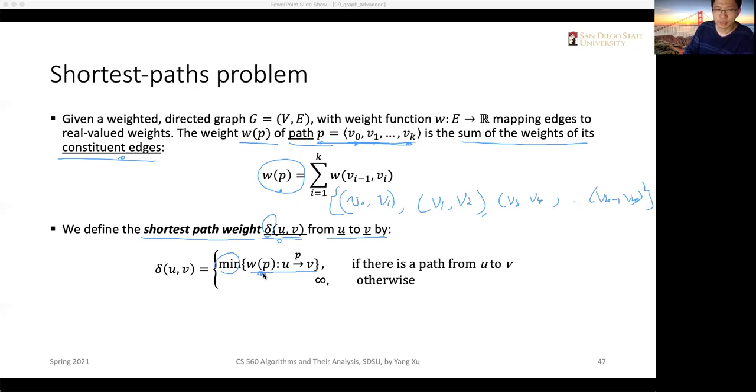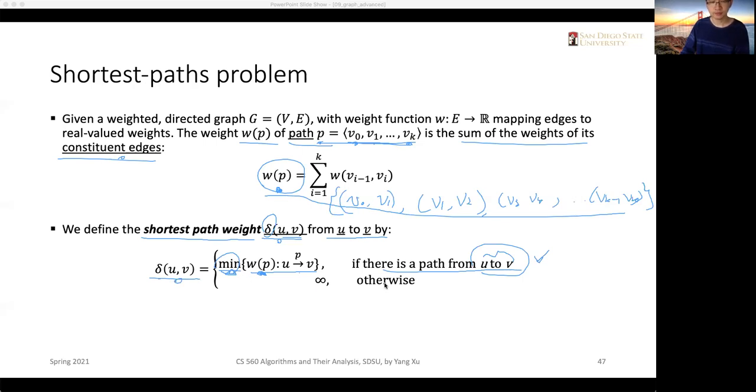So the first condition is that there is a path from u to v, that v is reachable from u, so we can go from u to v. Under that condition, we need to go through all the possible paths, find the weight for each path, and then find the minimum among them. That quantity is the so-called shortest path weight delta.